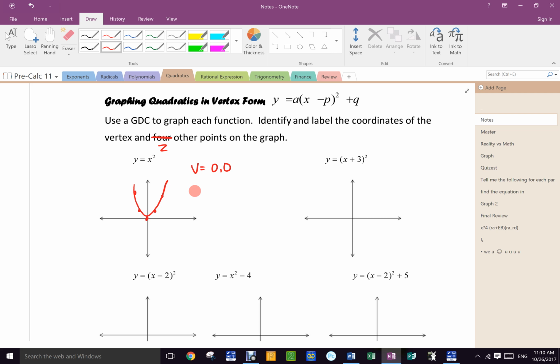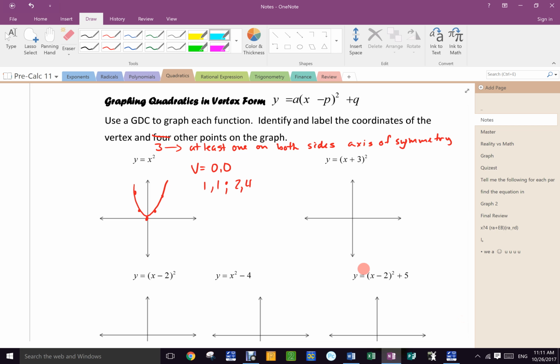Let's go 3 other points, and there has to be at least one on both sides of what? The axis of symmetry. Bonus points for whoever just used the actual math word instead of saying the middle line. Everybody cool? All right, so that's the easy one.